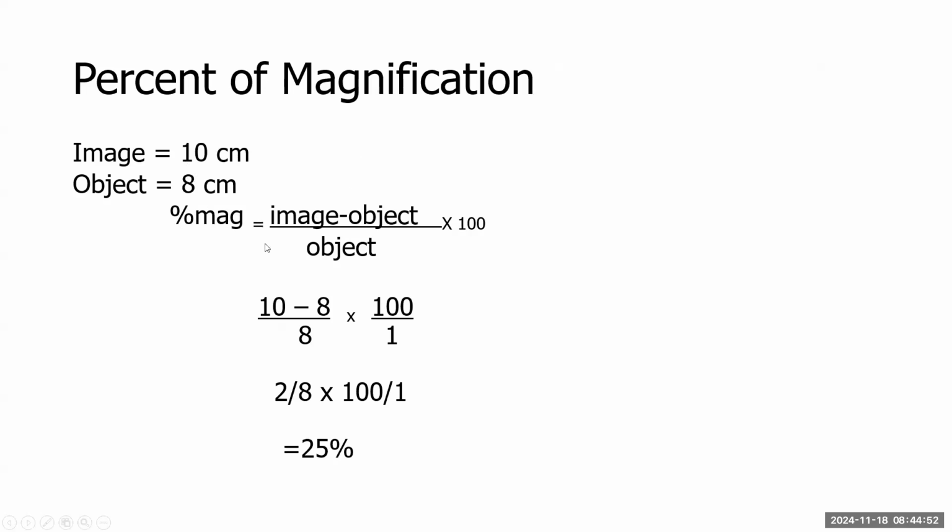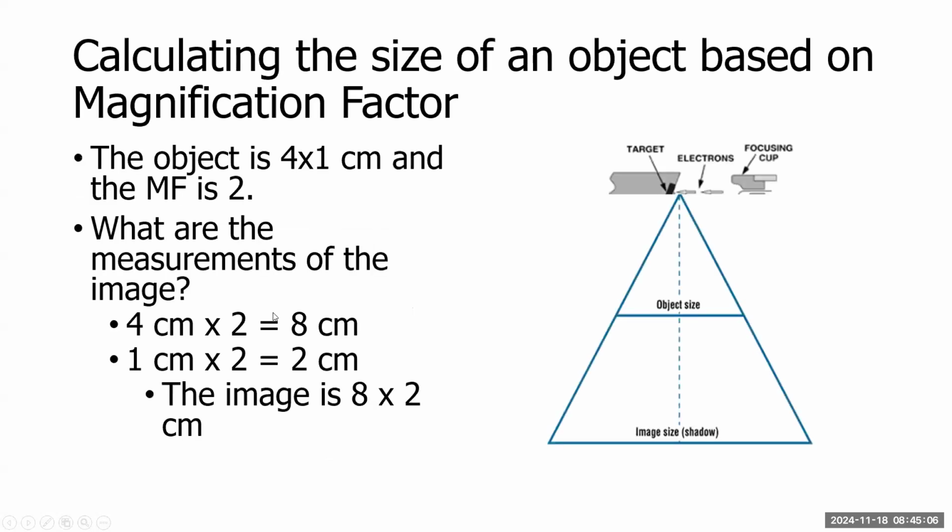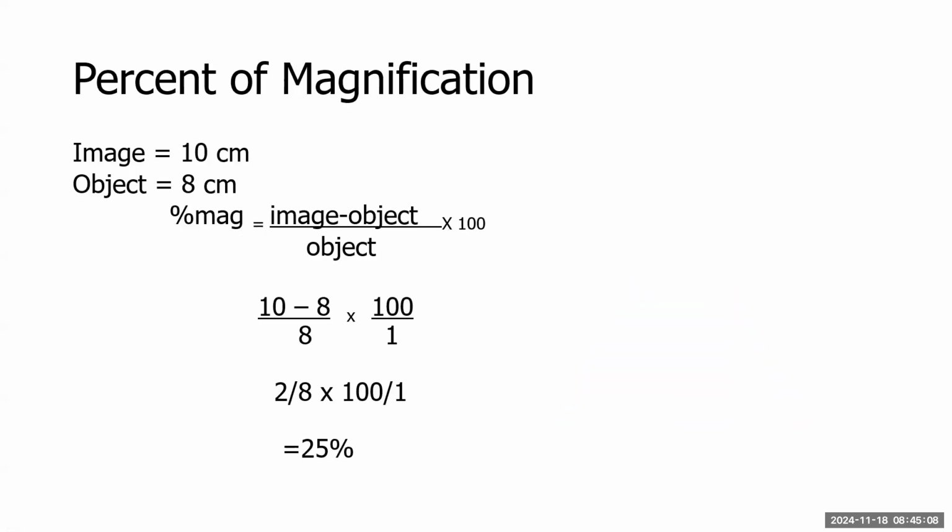We can calculate the percent of magnification by taking the image size minus the object, dividing by the object, and multiplying by 100. Anytime you're trying to figure out a percent, you multiply by 100. So going back to our numbers, 10 minus 8 divided by 8 times 100, or it was magnified 25%.